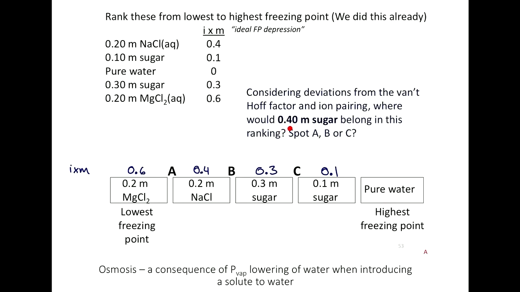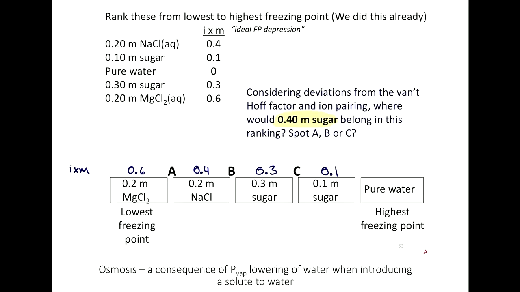But let's actually consider ion pairing now, because when we did this, we did not consider ion pairing at all, right? But that was fine, because none of these values are the same. We can still rank them in terms of highest and lowest, but let's consider where 0.4 molality sugar would appear in this ranking if we consider ion pairing.